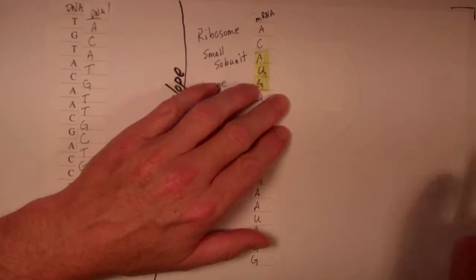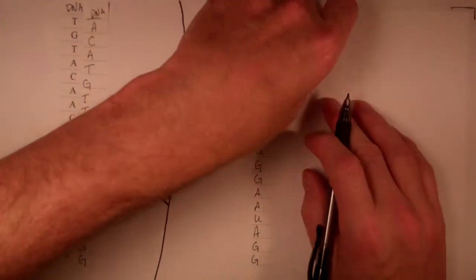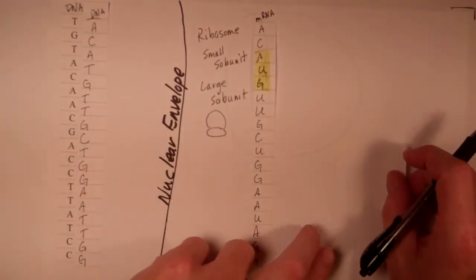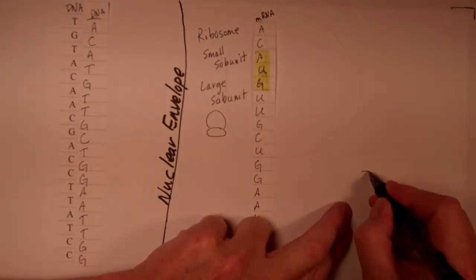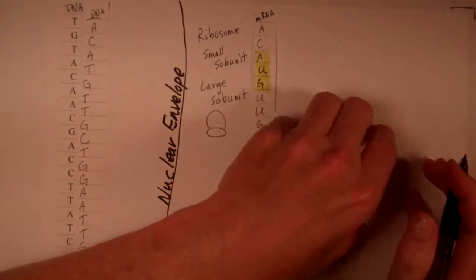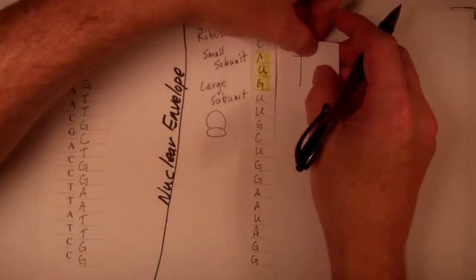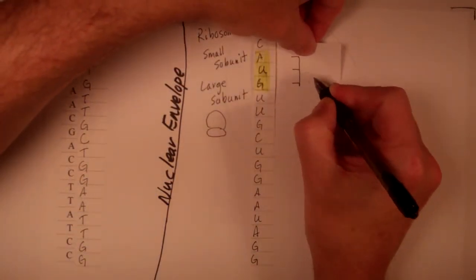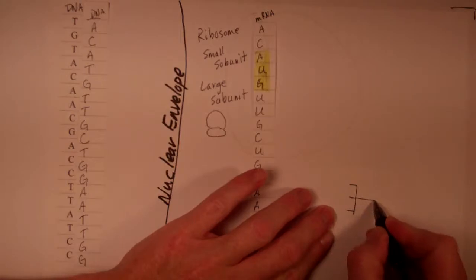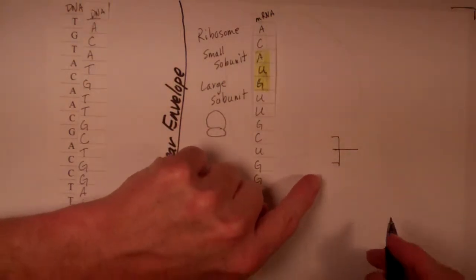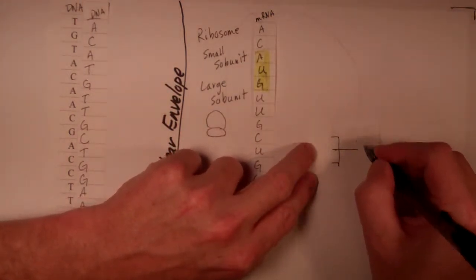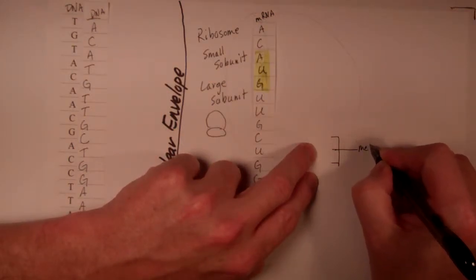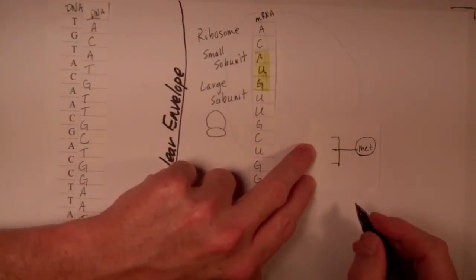And so what ends up happening is this tRNA is floating out here in the cytoplasm. It only has 3 bases on it. I need to make sure I can line up my bases here real quick, so just bear with me. It's got 3 bases on it, and I'm going to put those 3 bases on this end. And then on the other end, it's got an amino acid, say like methionine, and we'll just abbreviate MET.